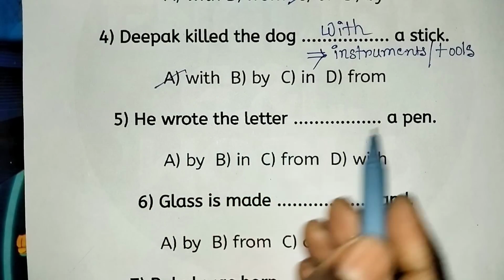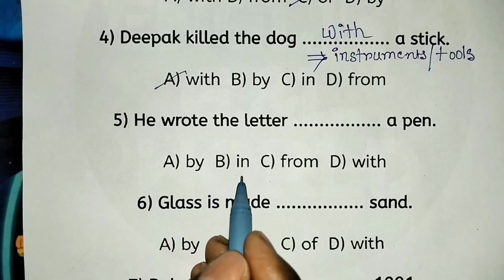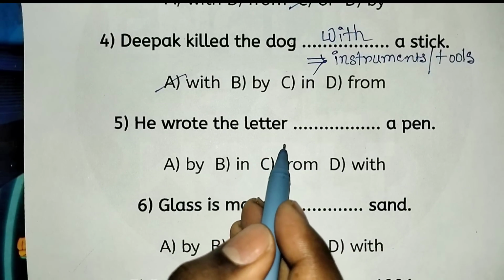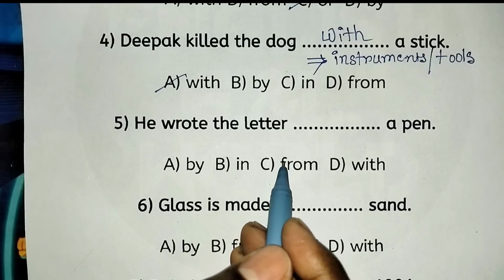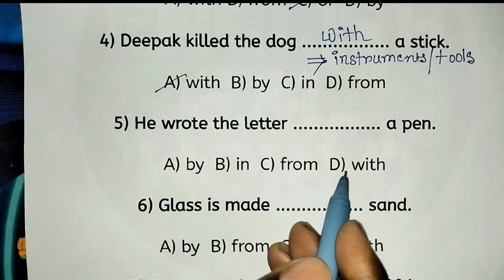he wrote the letter dash a pen. By pen, in pen, from pen, or with pen. I think you know this answer, because we have already discussed the use of with.